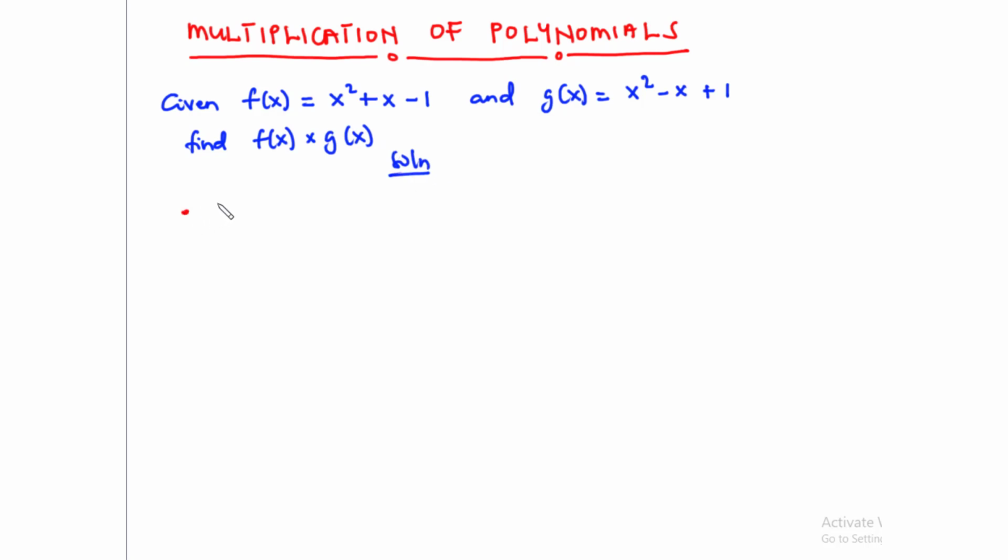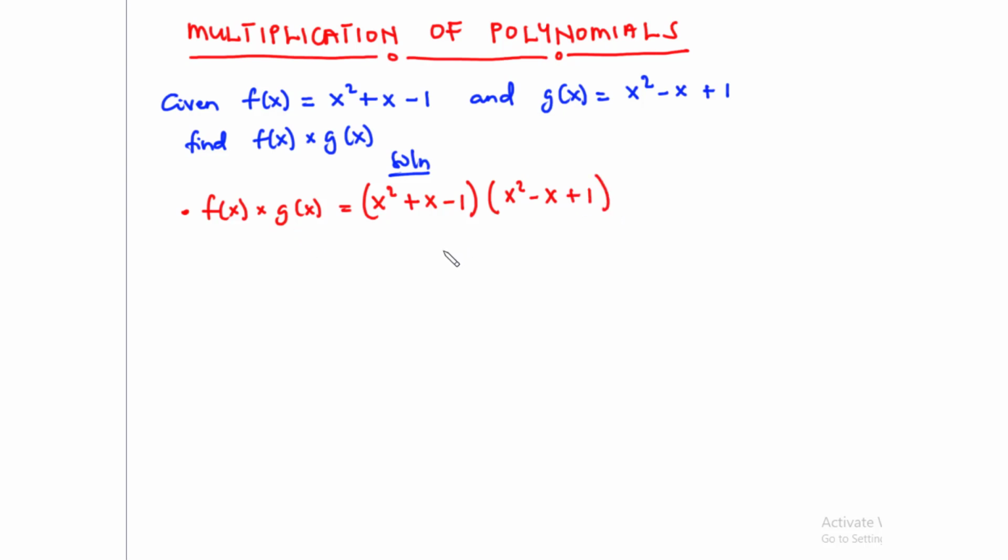So f of x times g of x is equal to, we have f of x to be x squared plus x minus 1, and then g of x to be x squared minus x plus 1.